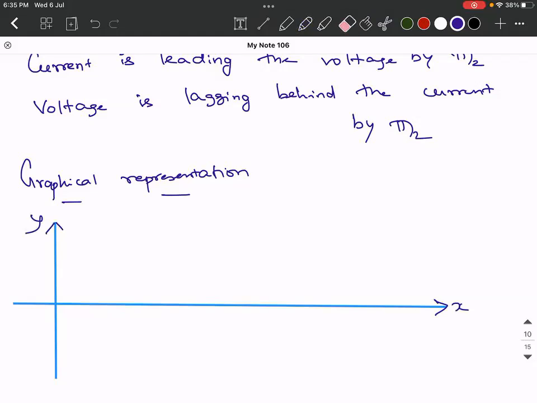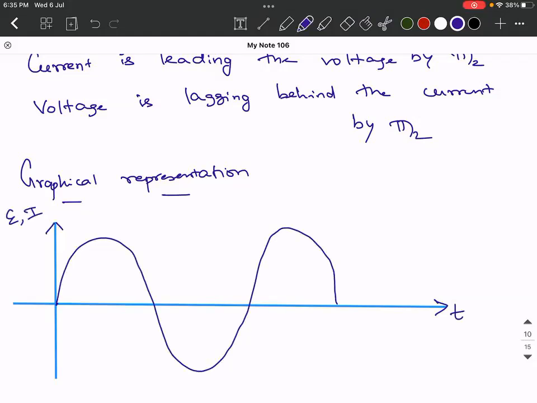Again, 1 minute. It's not X and Y, it is again time, EMF, and current. Okay. So the graph for EMF is like this, where this height is E naught.